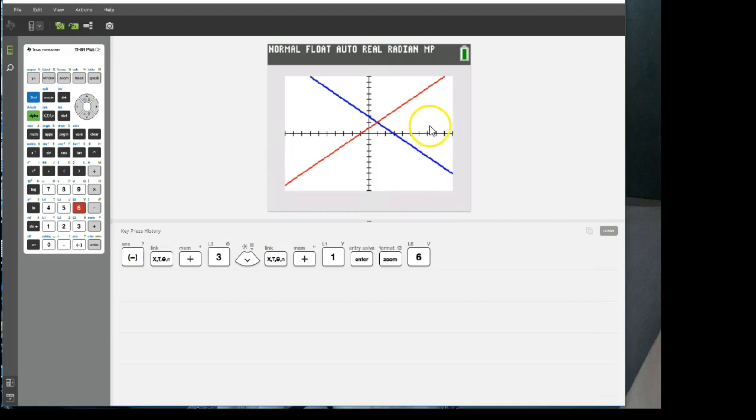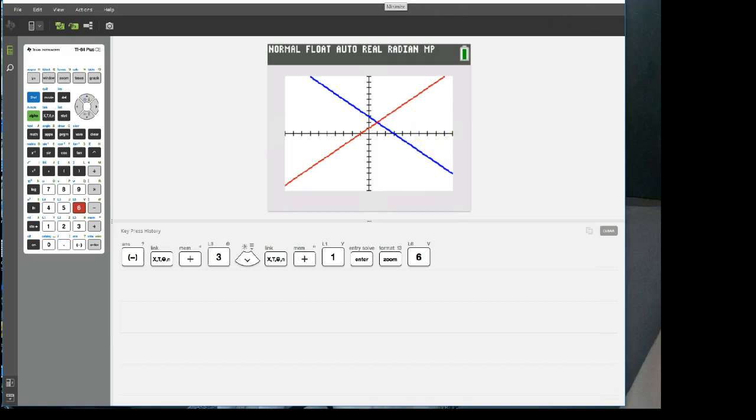That point of intersection is the solution to the system. Just trying to read the grid, it looks like the solution is 1, 2. There is a way to use the calculator to find that solution, to let the calculator find it for you. But we're just approximating here, and then we're going to solve algebraically. So I'm thinking the solution is somewhere in the neighborhood of 1, 2.